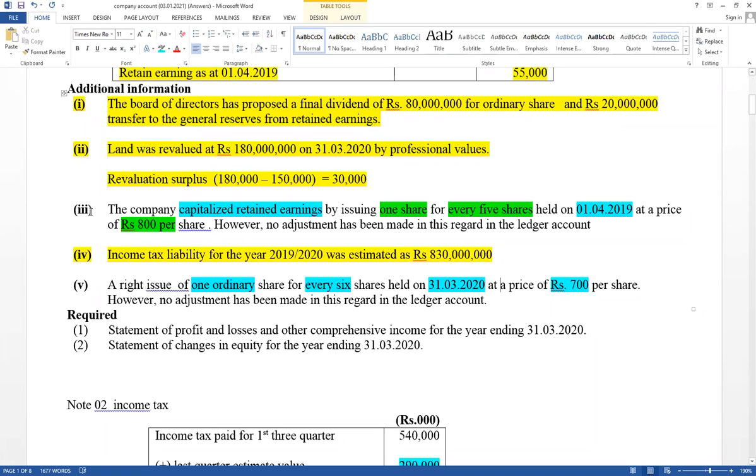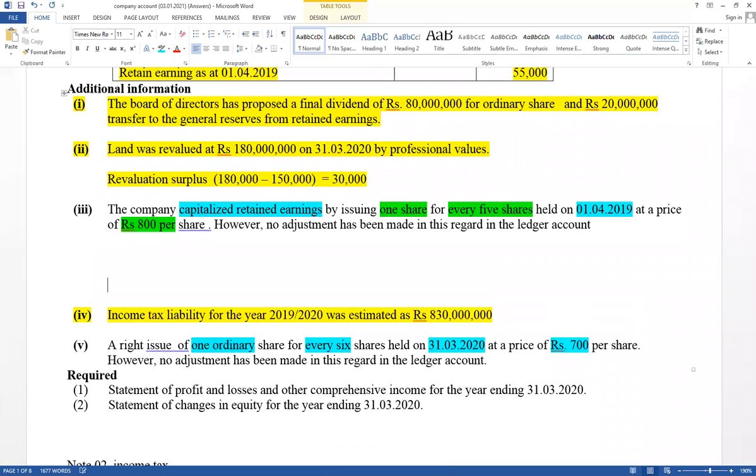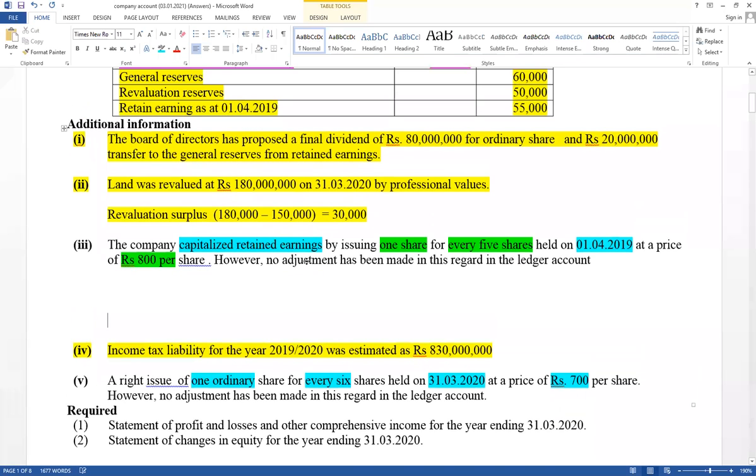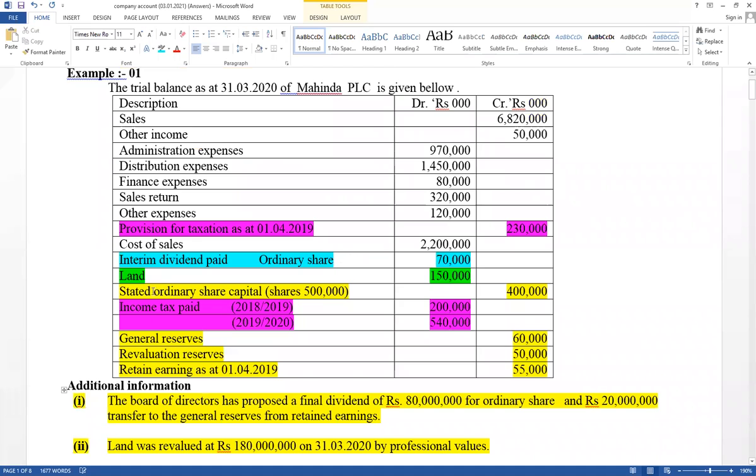Right, now think about third one. First one, you have to know how to calculate and how to record. Company is going to issue one share for every 5 shares. Per share price 800. Retain earning capitalization. Now see the trial balance. Trial balance available, number of shares.